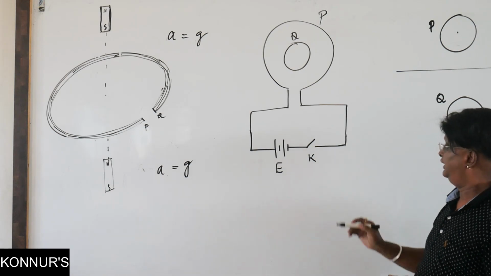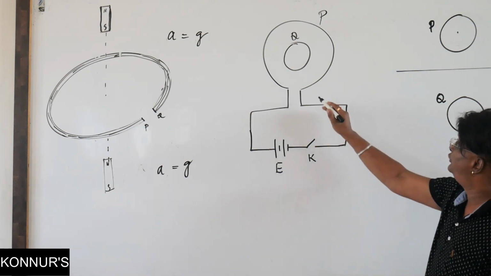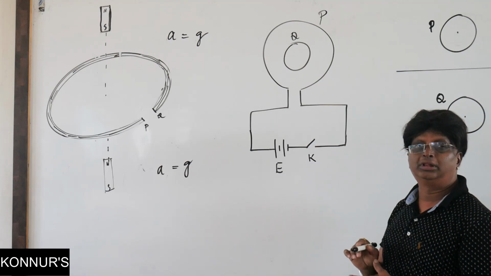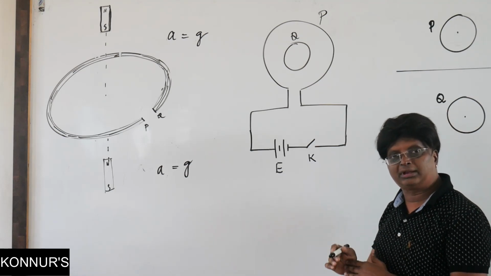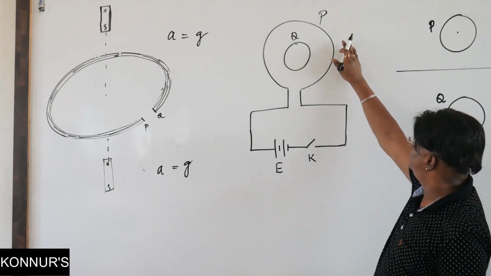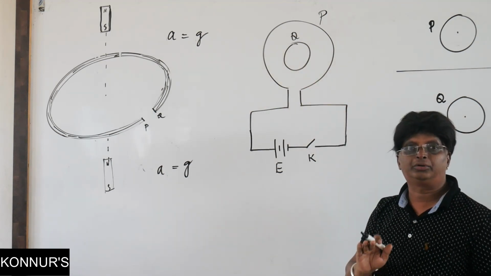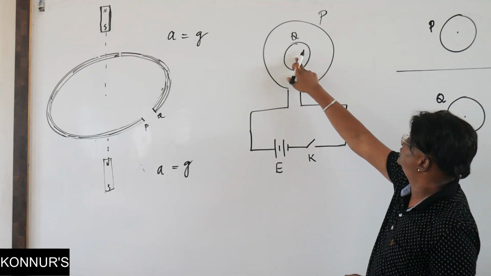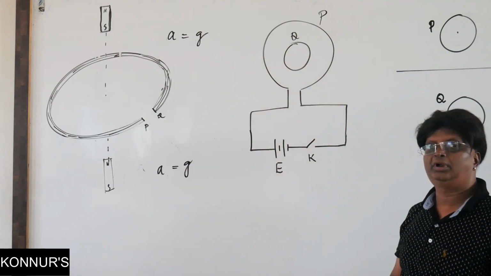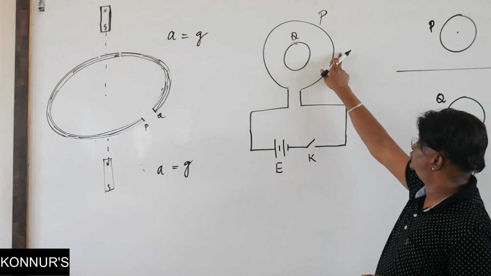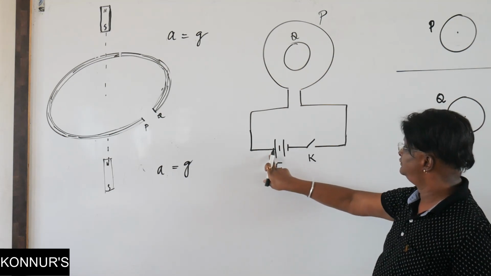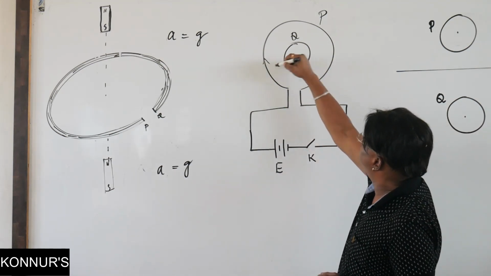Now here, see, initially when the key is open, no current is carried by coil P, no magnetic induction is produced by P, therefore Q is not linked with magnetic flux. Once the key is closed, what happens? The current in the coil P, you write the direction.